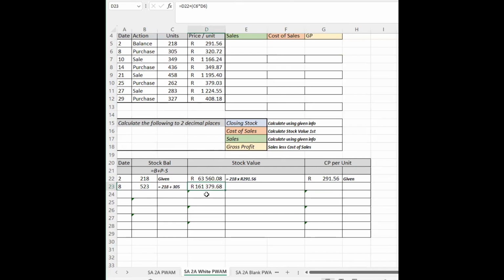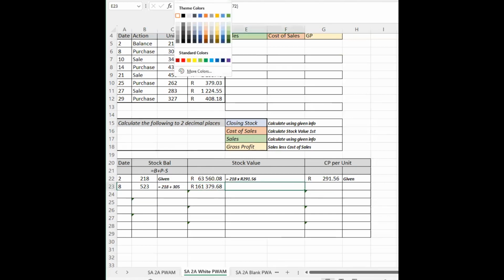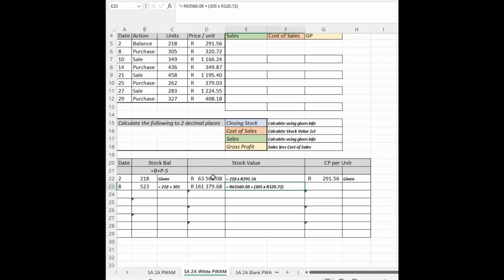Just remember that what we had is the 63,560, but then we buy an additional 305 units at the new price of 320, and of course we must add those two together, and that is how I get to 161,000, my stock value here.